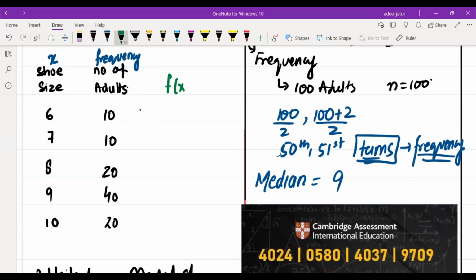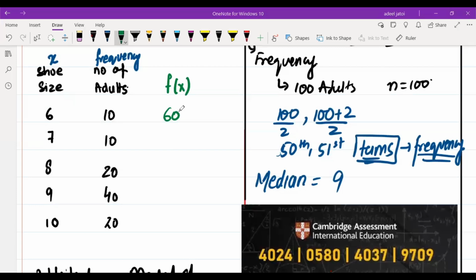So we need to find what? fx. And how do you find fx? When you multiply this f with x. So 10 into 6 will be what? 60. So we write down 60 here.